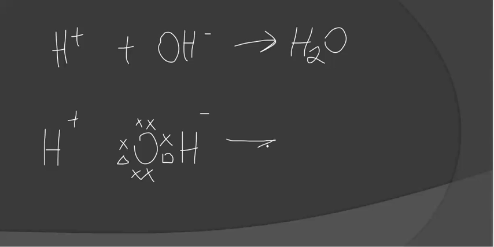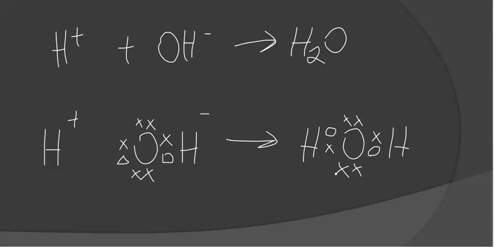And then they're going to form water, which looks like that. So my acid wants electrons. It's the electron pair acceptor, so H+ is my acid. It needs valence electrons. My base is the electron pair donor. It has extra electrons. So OH- is my base, and you can see where the bond is formed when we form water.